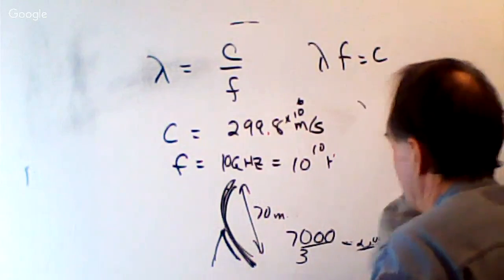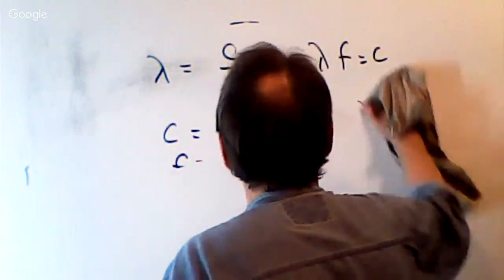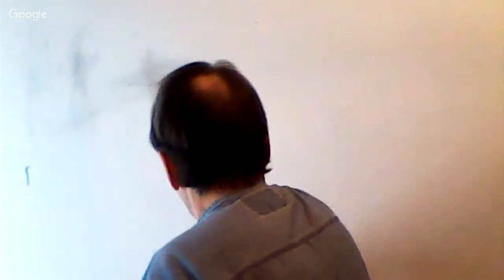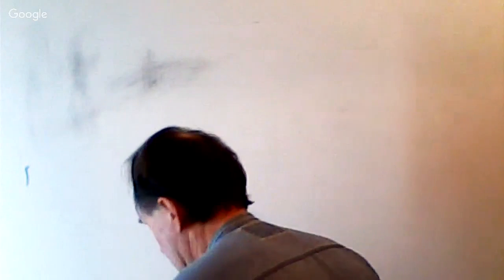So before I get away from this subject, does anyone have any other questions regarding the radar ranging to the sun to find the distance to the sun?